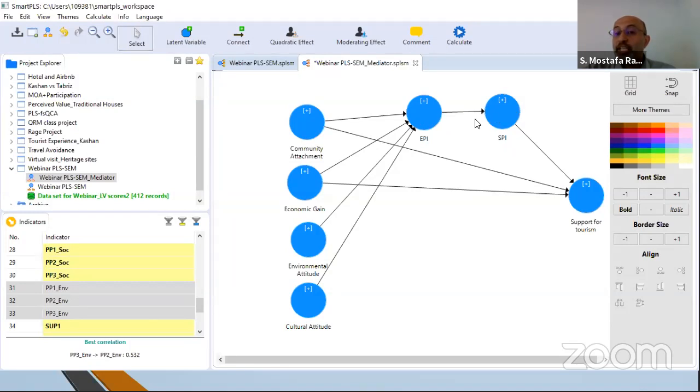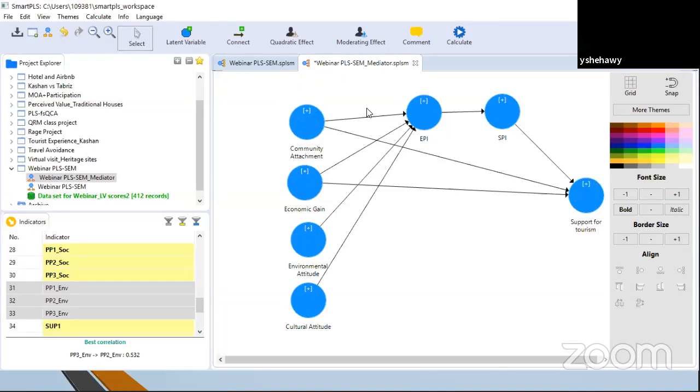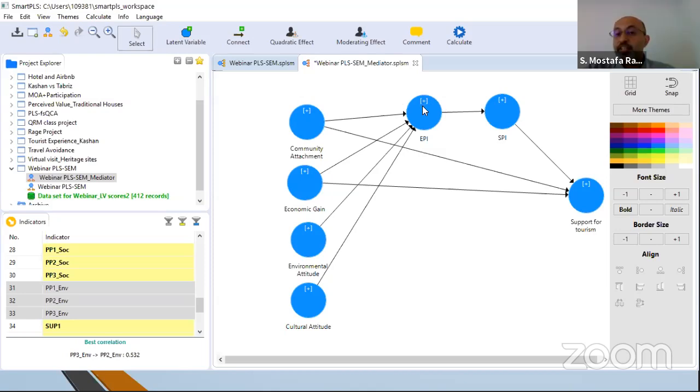So these two mediators together transfer the effect of community attachment on support. This is the way that we hypothesize. And we need support from the literature for this effect of community attachment on the first mediator, first mediator to second mediator, and second mediator to DV.